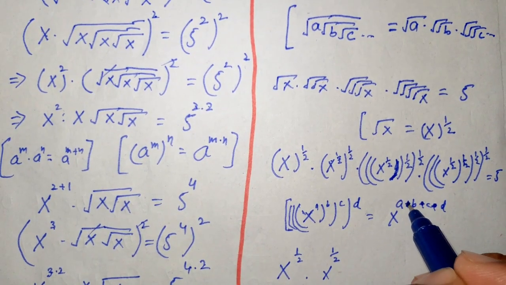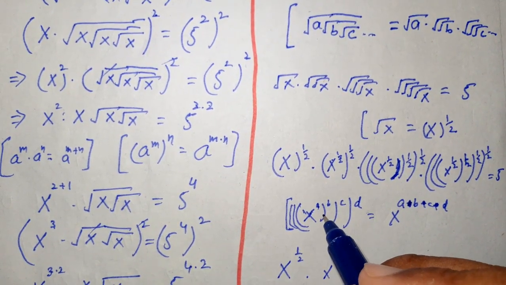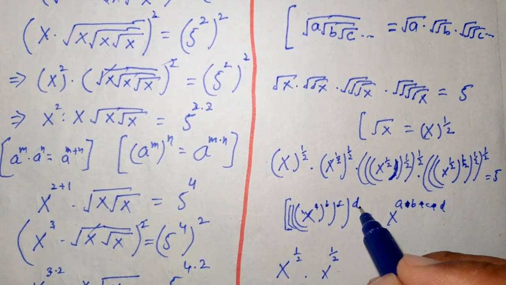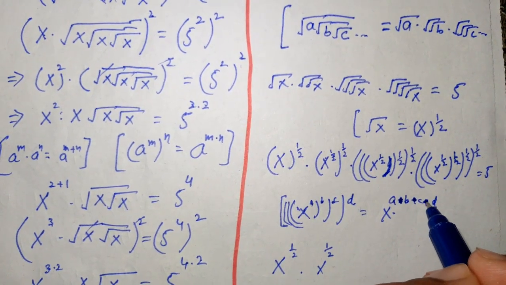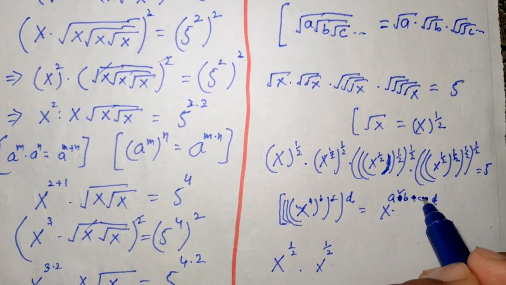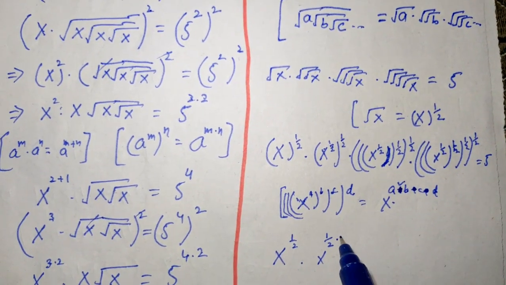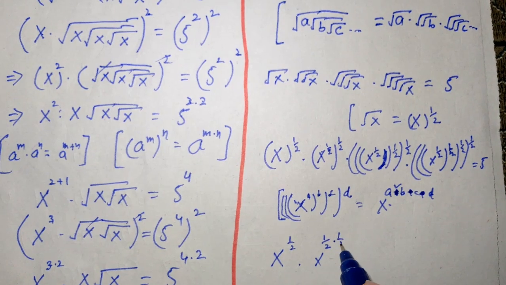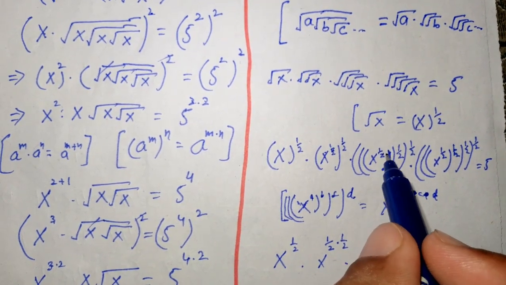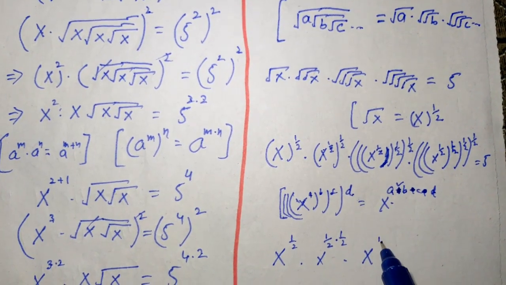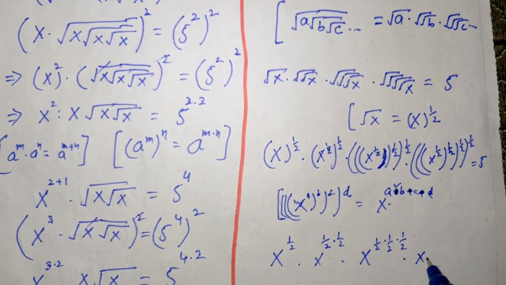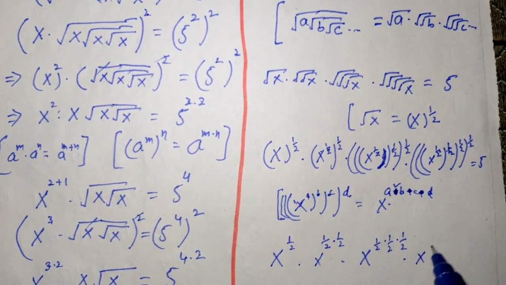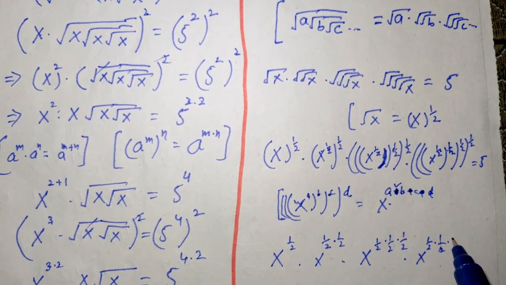So x to the power of a to the whole power of b to the whole power of c to the whole power of d can be written as x to the power of a times b times c times d. So this is a multiplication sign, not a plus sign. So 1 over 2 times 1 over 2 times 1 over 2 times 1 over 2 is equal to 5.